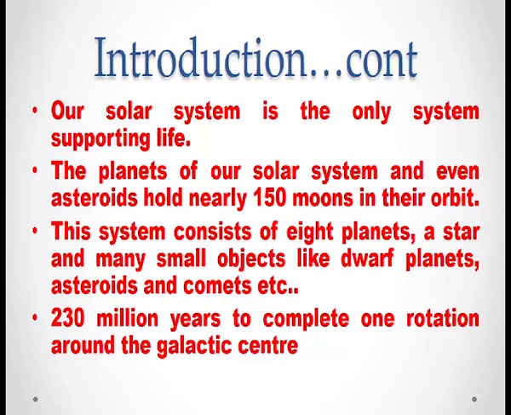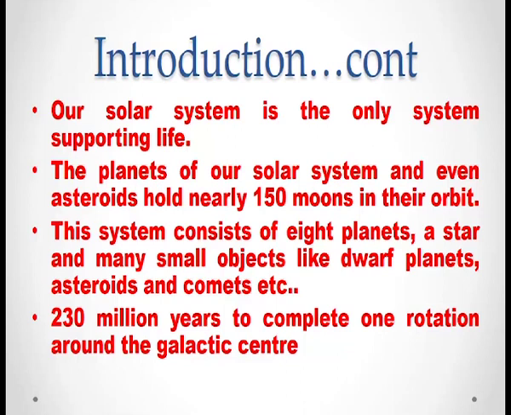The solar system in which we are living consists of 8 planets and a star. That star is nothing but our sun, and many small objects like dwarf planets, asteroids, comets. Many small objects are there in the solar system.